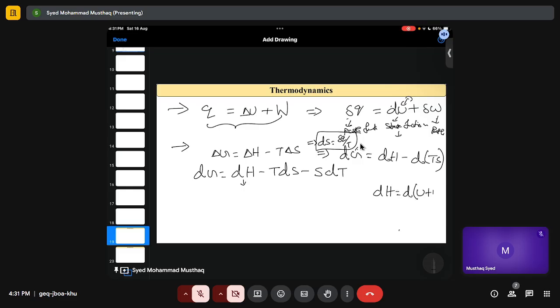Now, you know del H is equal to dU plus d(PV), right? The enthalpy, the total energy of the system, will depend upon internal energy plus the work done. It may be PV or VdP or anything, right? So at constant pressure, it should be PdV, right? So dH will be equal to dU plus PdV plus VdP.